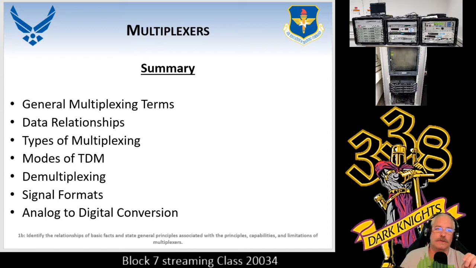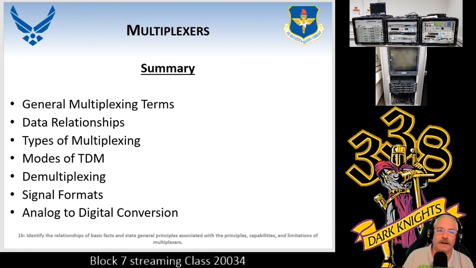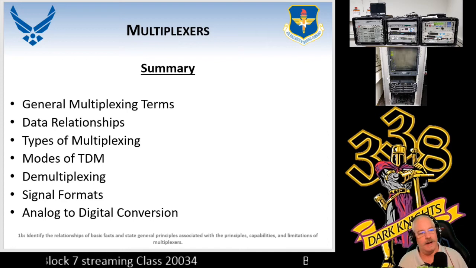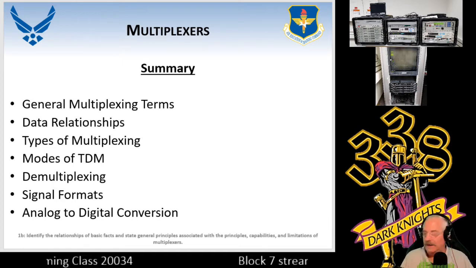So we looked at general multiplexing terms this morning, data relationships, types of multiplexing, modes of TDM, demultiplexing, signaling formats, and analog to digital conversion. Question and answer time. Hensley, what are the 3 steps of PCM?